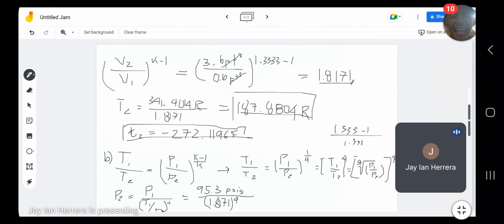So 95.3 divided by this one, we can get 8.7409 PSIA, or PSIG pala. That's your pressure. So very low.